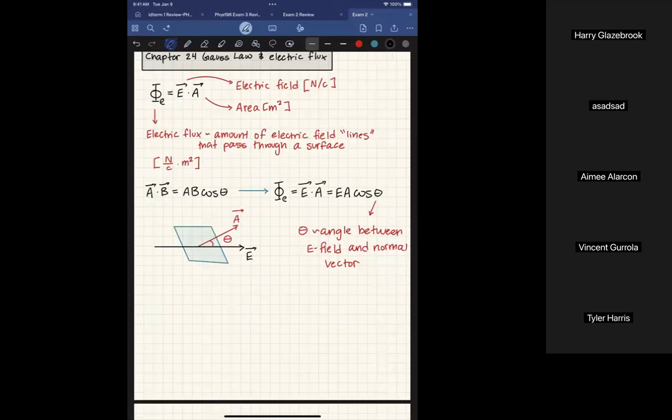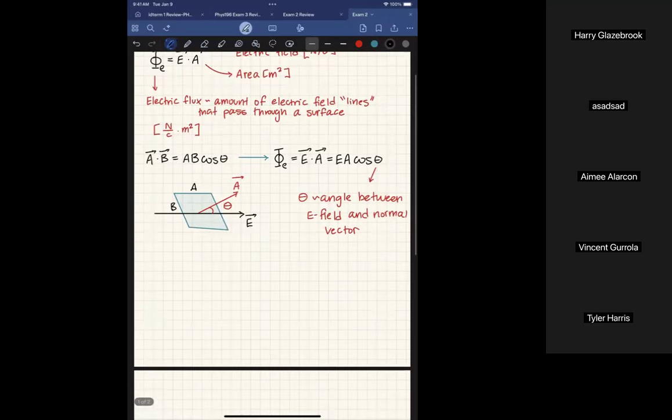In this case, if you see a box like this, let's say this is side B and side A. The area is just going to be B times A. If you have more complicated surfaces like a sphere, I'll just tell you that the area of a sphere is 4 pi r squared, where r is the radius.